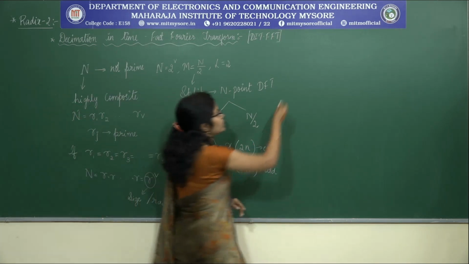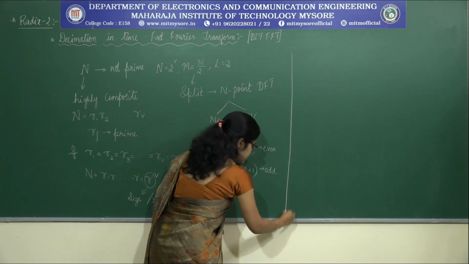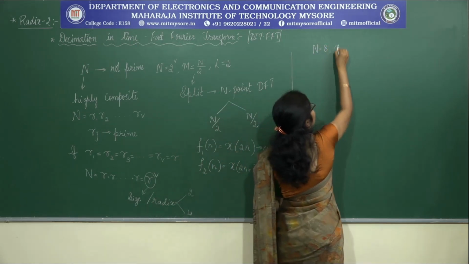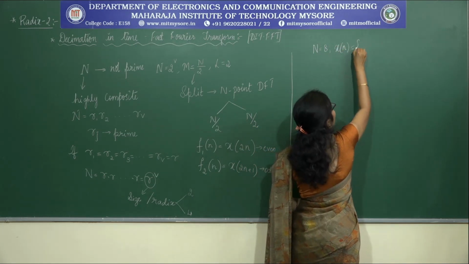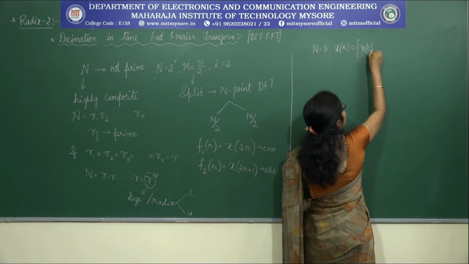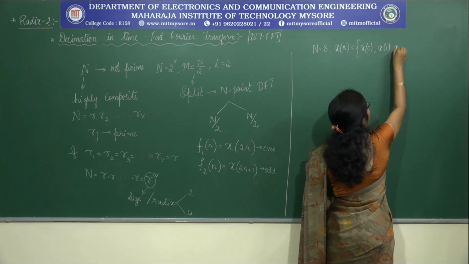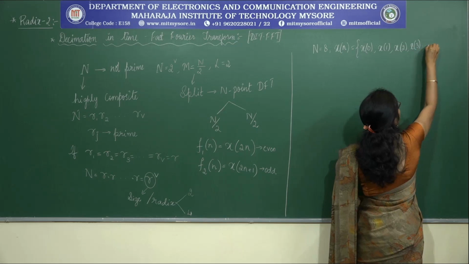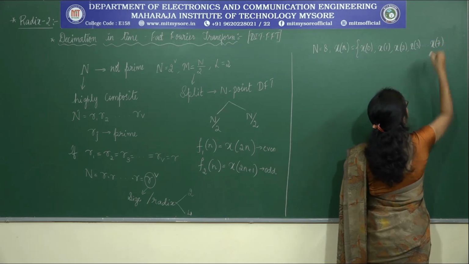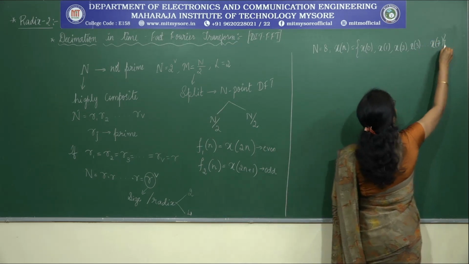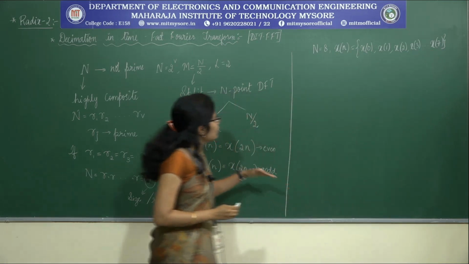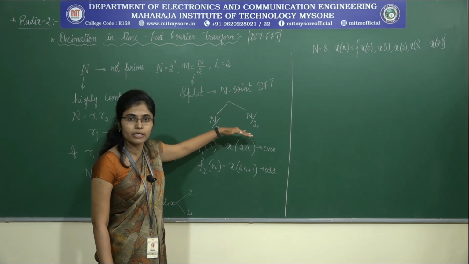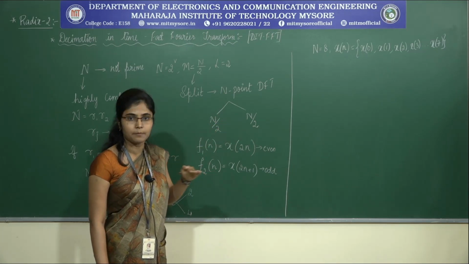Let me consider the value of n equal to 8. If n is equal to 8, x of n will be x of 0, x of 1, x of 2, x of 3 up to x of 7. Now what I said is we divide the n-point DFT into n by 2 and n by 2 point DFTs based on even and odd numbered samples.